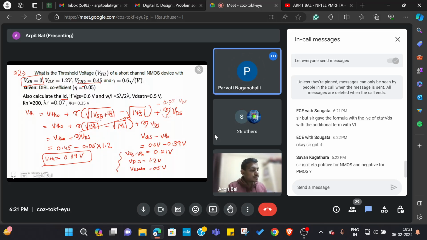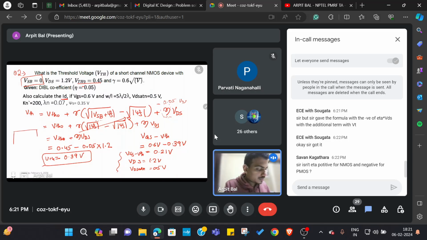Yeah, okay, let me, I think I'll draw the transistor diagram, that will be better. So we have this, and we have the gate terminal.